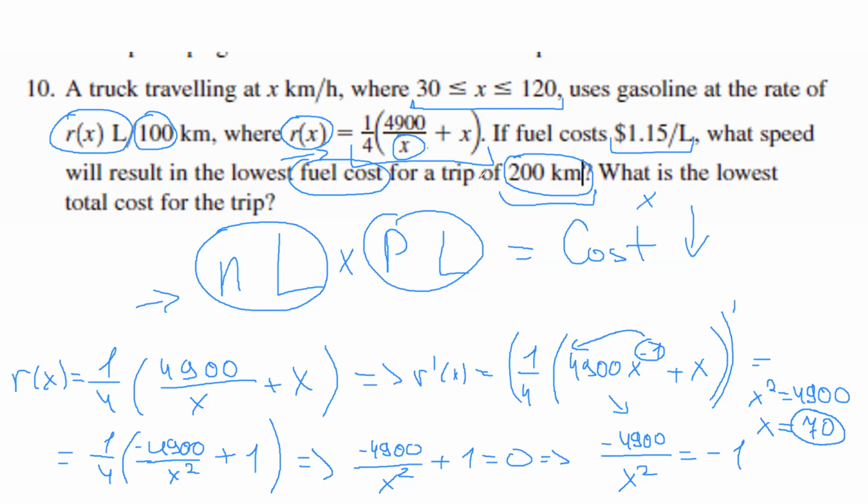Then your multiplier would be x divided by 100, because x is the number of kilometers and 100 comes from consumption per 100 kilometers.